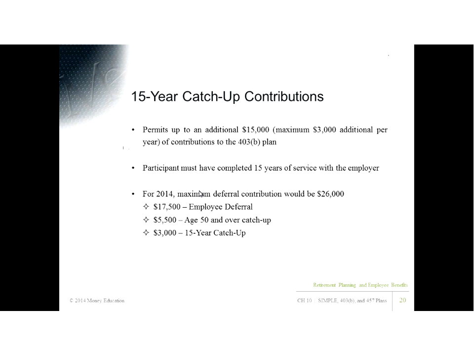Starting at age 48, Jake can contribute $17,500 plus $3,000, that's $20,500. Once he turns age 50, Jake can do $20,500 plus $5,500, for a total of $26,000 in contributions.